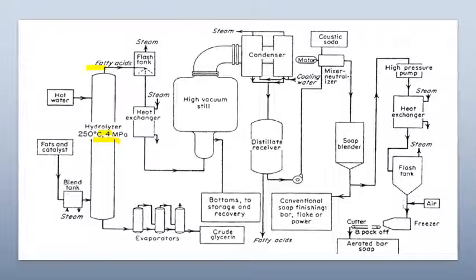The fatty acids are taken to the flash tank, and here it goes through heat exchange to the high vacuum still to remove the impurities. Then it condenses out and caustic soda is added to it. We have the stove blender. After that it goes on to finishing into the flake and the powder.